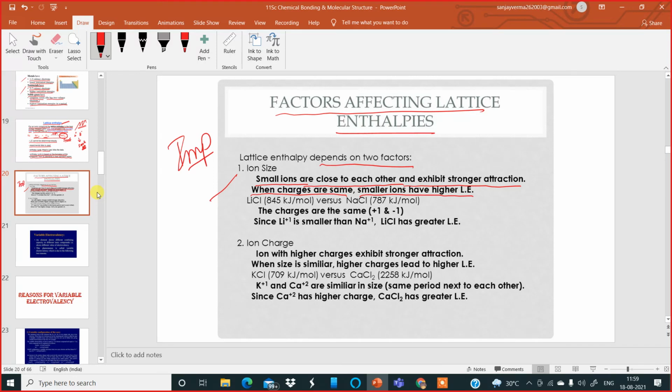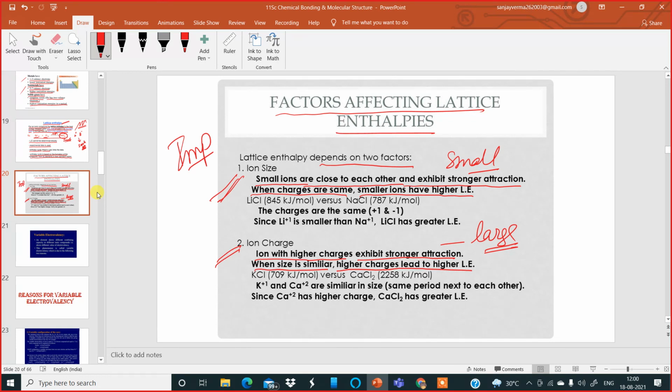Then the ionic charge. Ions with higher charges exhibit stronger attraction. When size is smaller, higher charges lead to higher lattice energy. So the two conditions are: the size of the ion should be small and the charge of the ion should be large. Then only it will favor higher lattice enthalpy, which will favor the formation of ionic compounds.